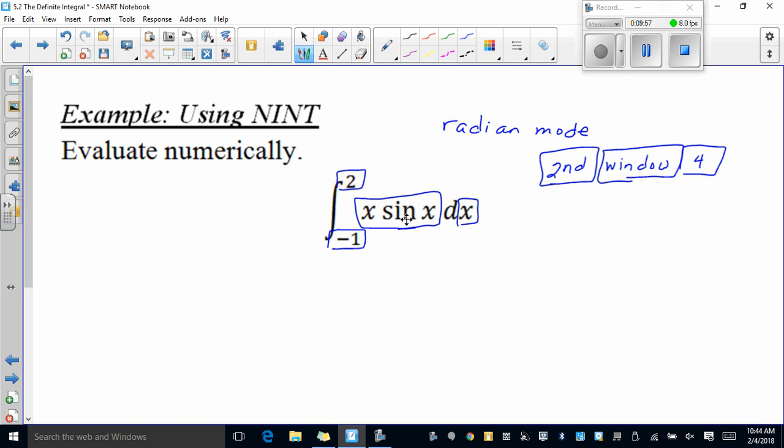And so you would get it in INT, and then you would put in the function x sine of x, comma, and then the variable you're using, with respect to x, comma, and then your a value, -1, comma, and then your b value, 2. Because you're telling it, I want the value of the integral of x sine of x, with respect to x, from -1 to 2.